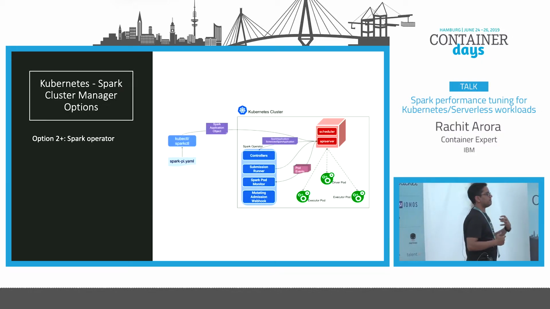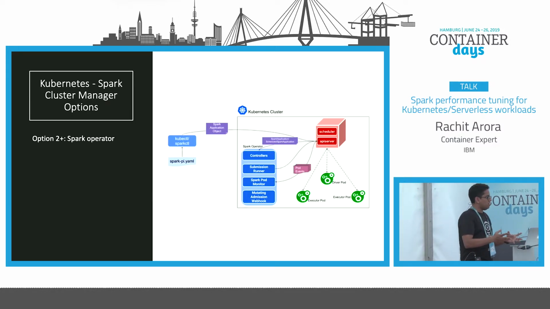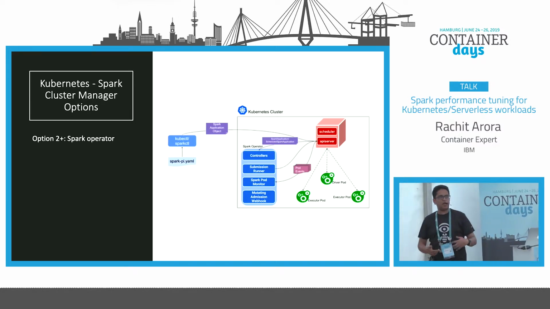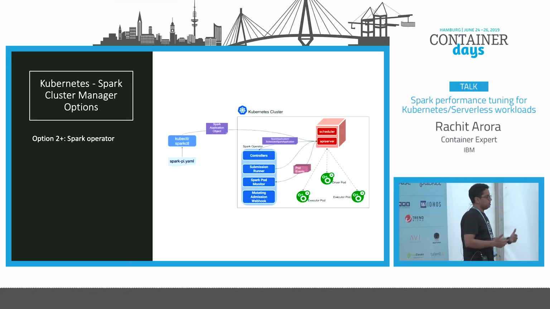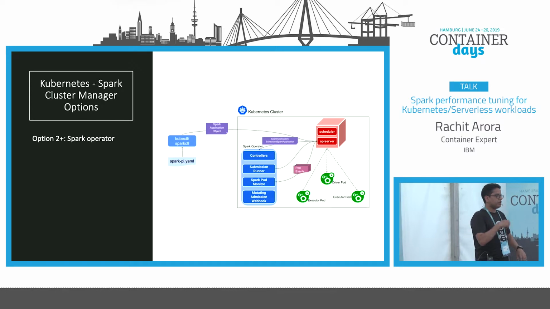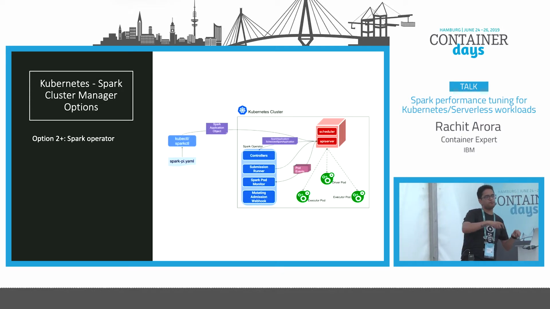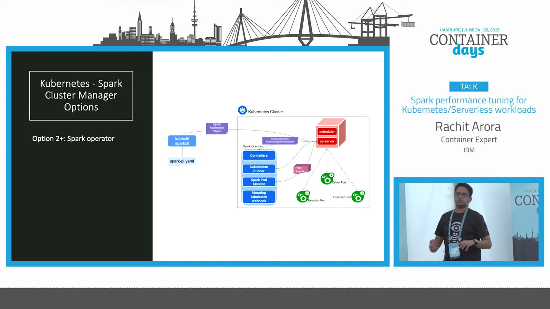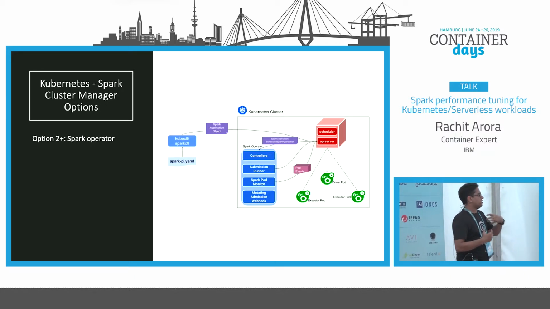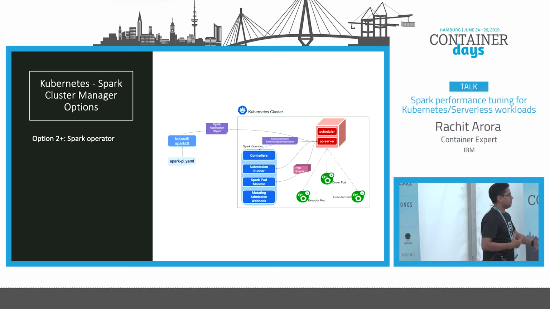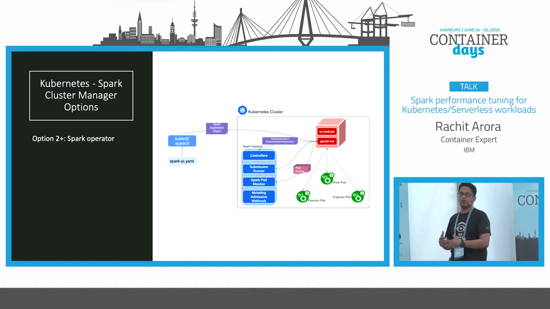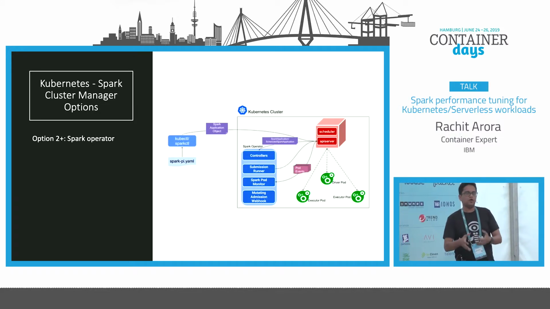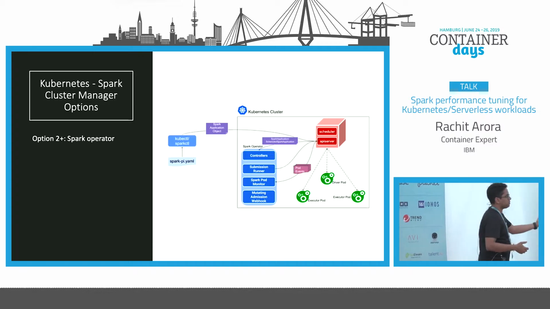I want to declaratively define my Spark job in a YAML and give it to Kubernetes so that it can run that job. Why you need this is that if you have a pipeline already in place, which can create various pods and define various other services in Kubernetes, in the same way you want to define your Spark job, so you can make use of the Spark operator.